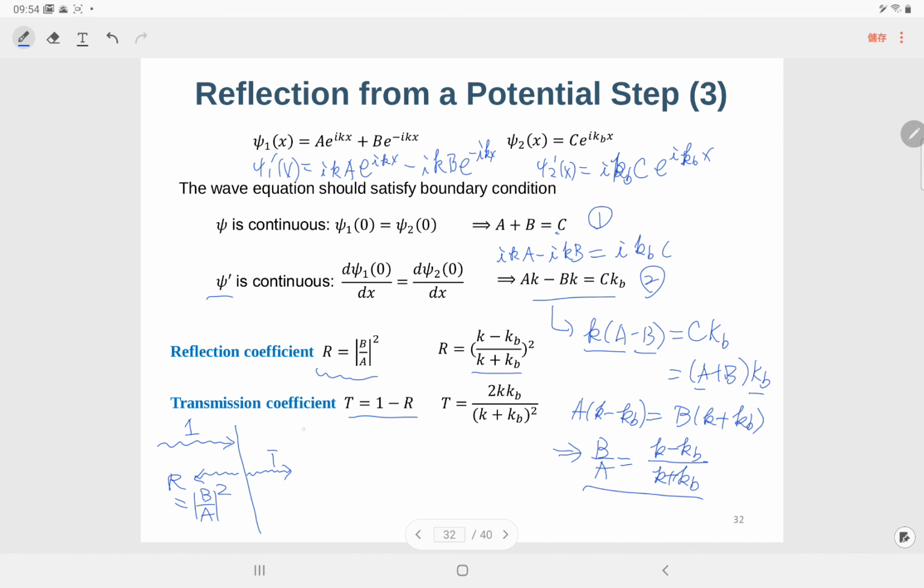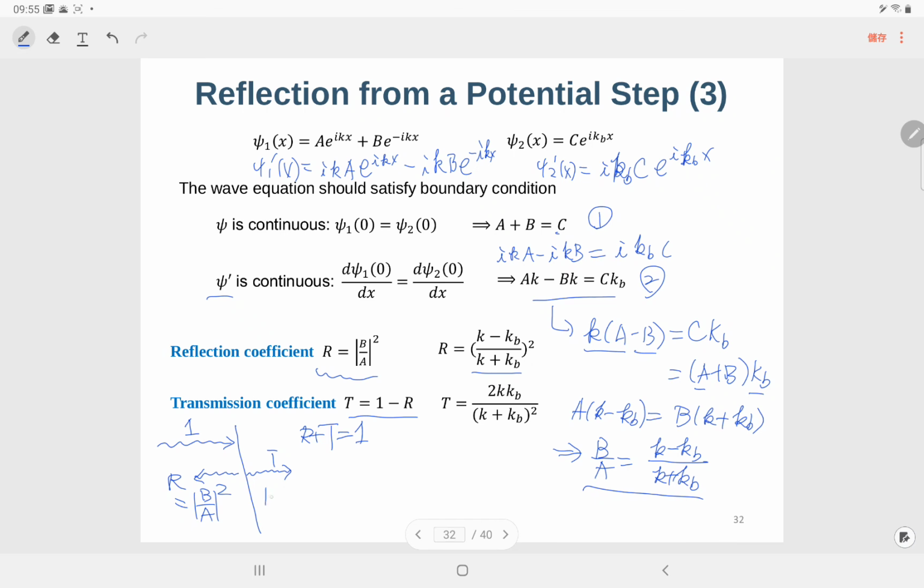So R plus T should equal 1, because the original incident electron is 1, and part of it is reflected, and the remaining can go through.